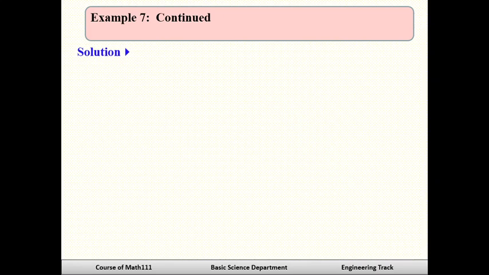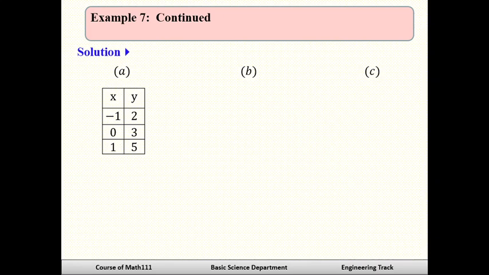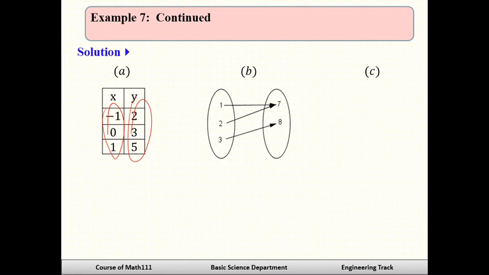Okay, keep this in your mind. Domain is the set of x's. So the set of x's here is -1, 0, 1. The set of y values is 2, 3, 5. Here also the set of the x's is 1, 2, 3, and the set of the y's is 7, 8. You can say this is the domain, the set of the x values.